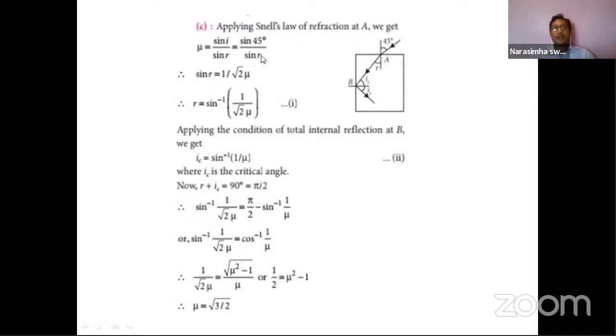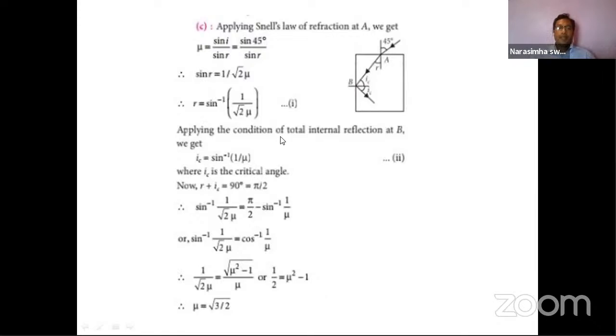Then sin r is equal to mu into sin 45, which is 1 by root 2, so we got the sin r value. Now take out r: r is equal to sin inverse of 1 by root 2 mu. So we got the r value. Keep this as equation 1.